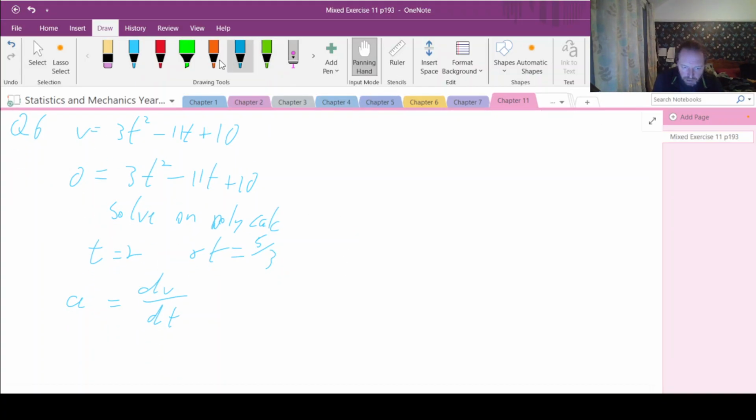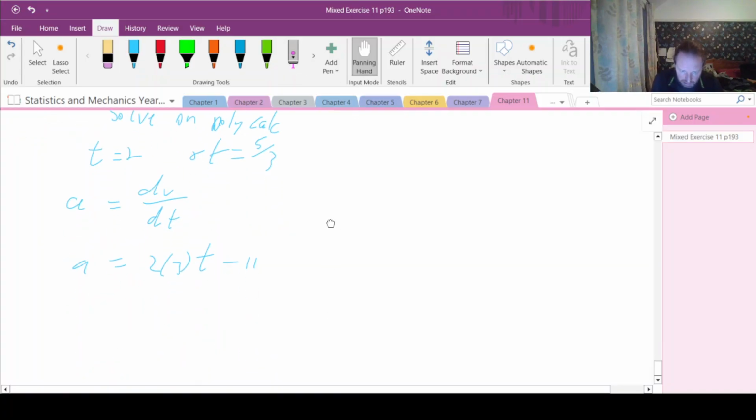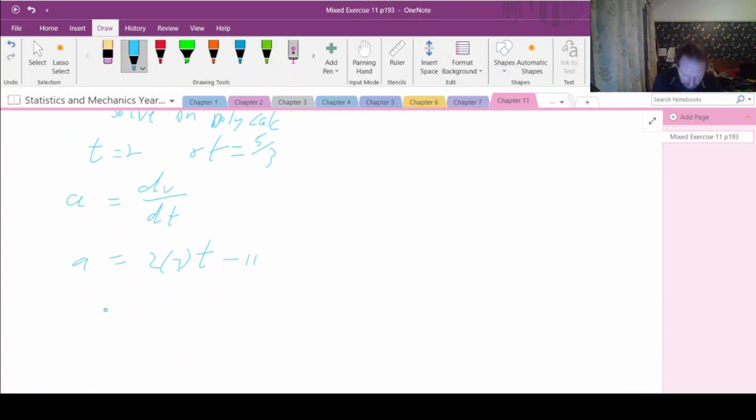We decrease the power and multiply by the old one, 2 times 3t minus 11. So we end up with an acceleration equal to 6t minus 11.